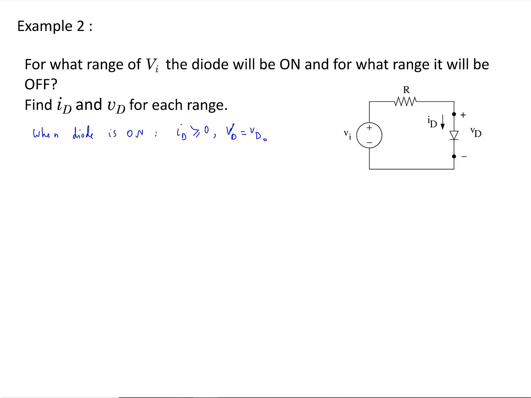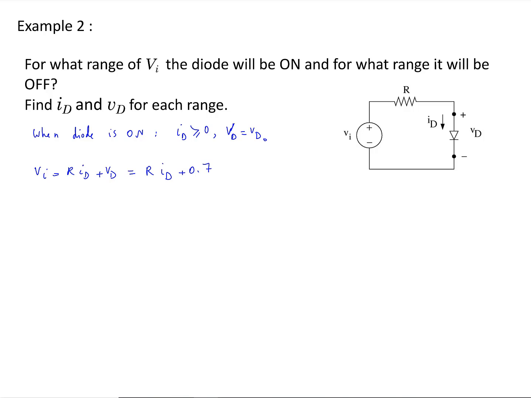From there, I can write one KVL in this equation and write VI equals R times ID plus VD. When the diode is on, I'm going to replace VD with VD naught. So I'm going to say VI equals R times ID plus 0.7 volts.